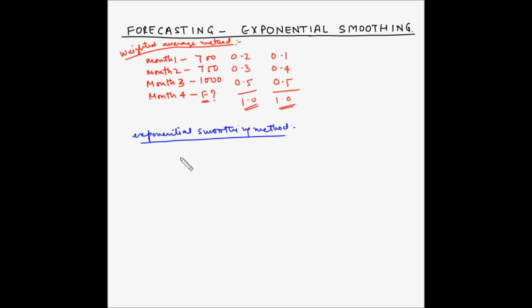Also, the values prior to the current value are also relevant, but in declining importance, and the weights decline exponentially as we consider the older values.